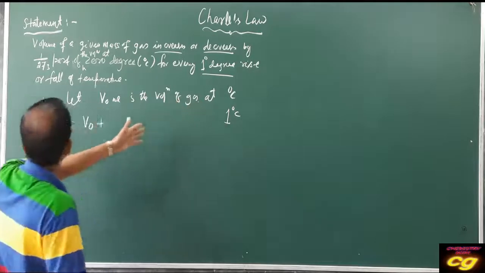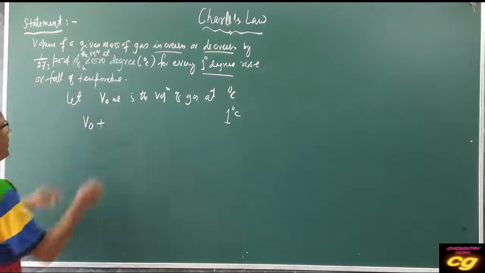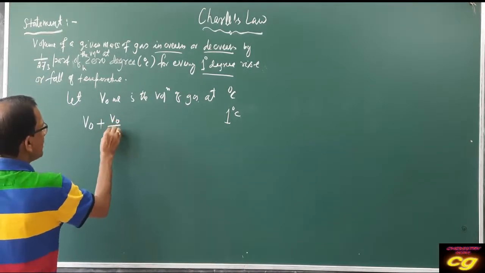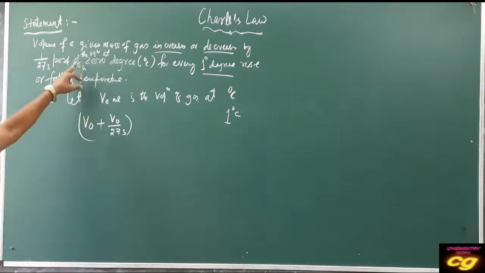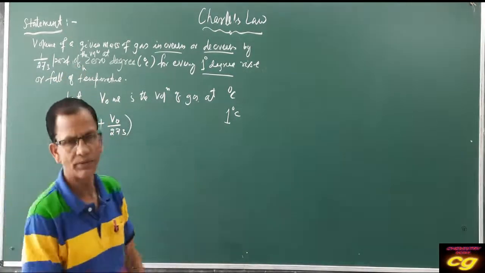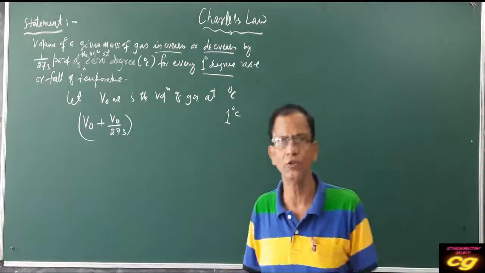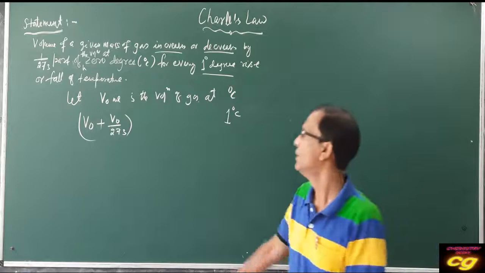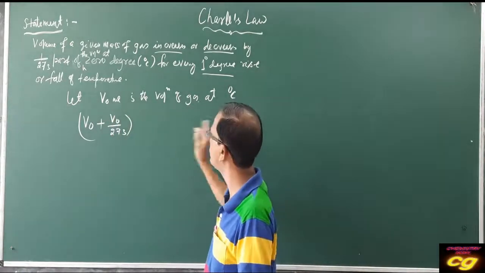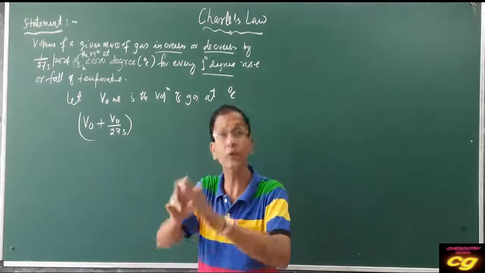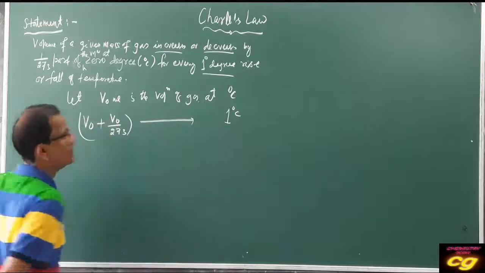It will be added with V0/273, because for every rise of temperature, 1/273 part of the volume at 0 degree Celsius is added. So V0/273 is added to the initial volume. This is the volume at 1 degree Celsius.